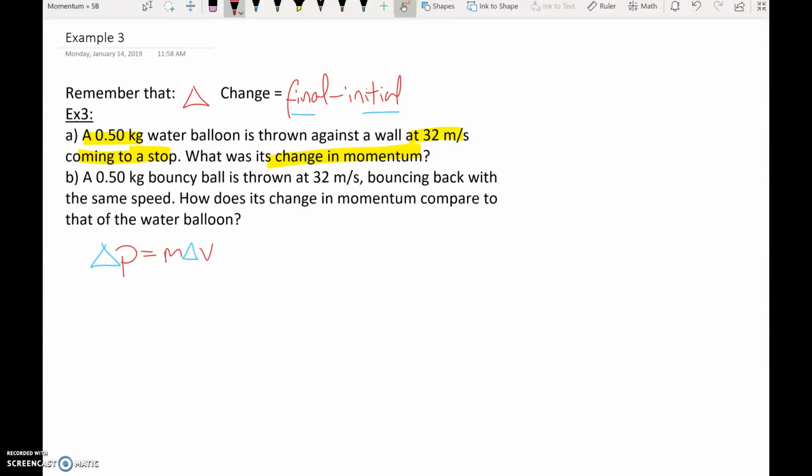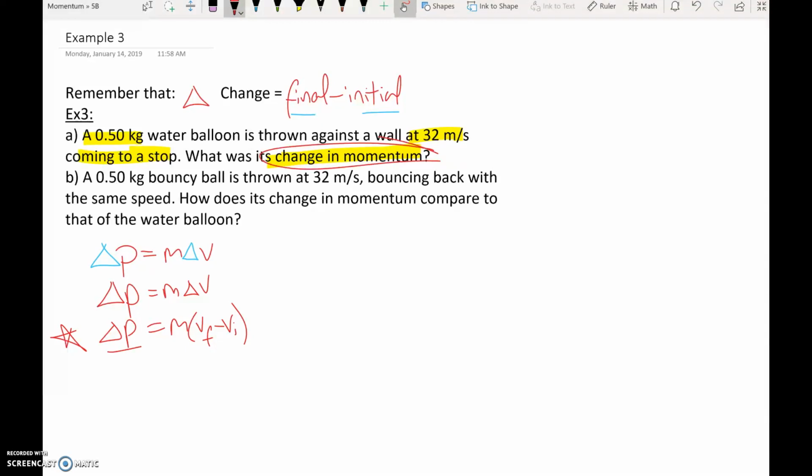So what that's going to give us is this. So delta P is equal to m delta V. And we can break this up a little bit further by breaking down that delta over here: V final minus V initial. Okay, so that is how we would find the change in momentum.